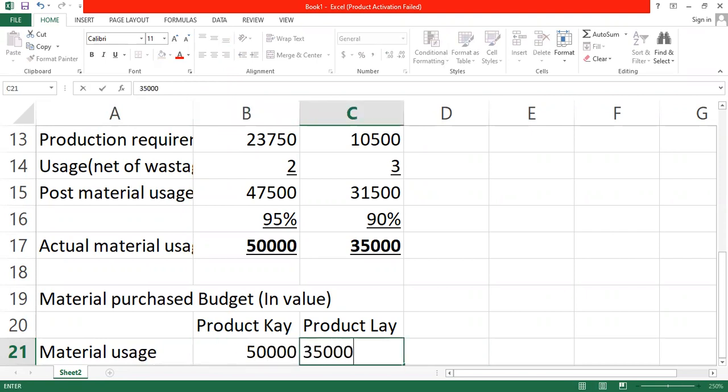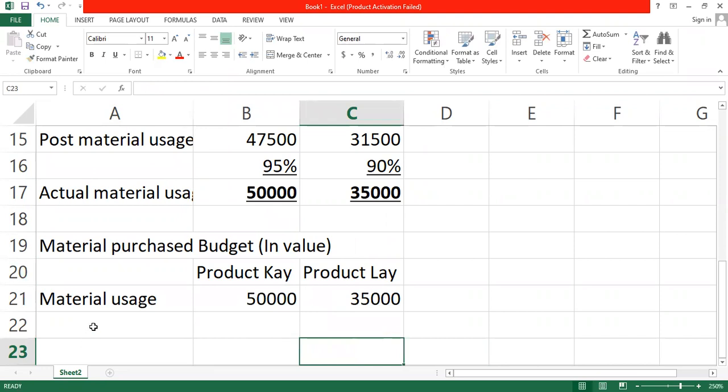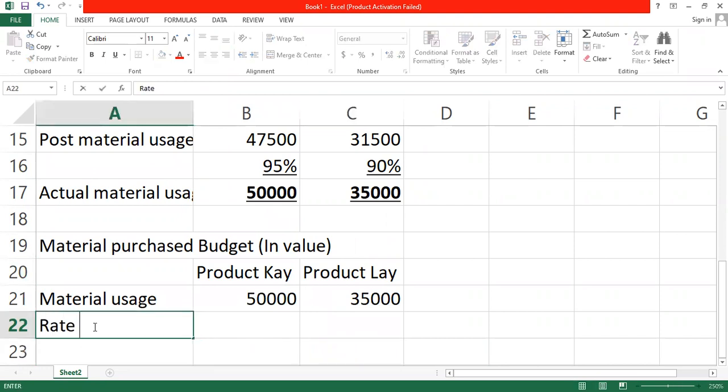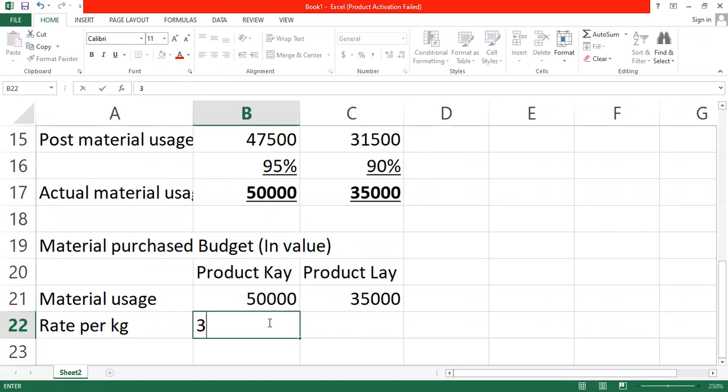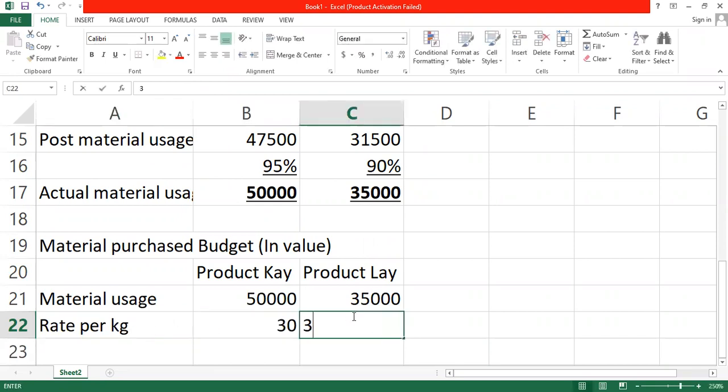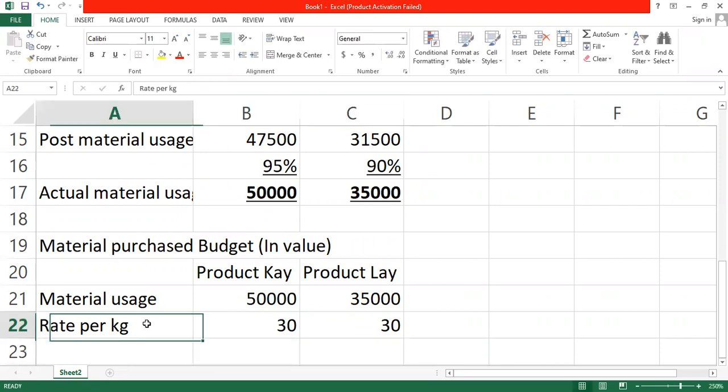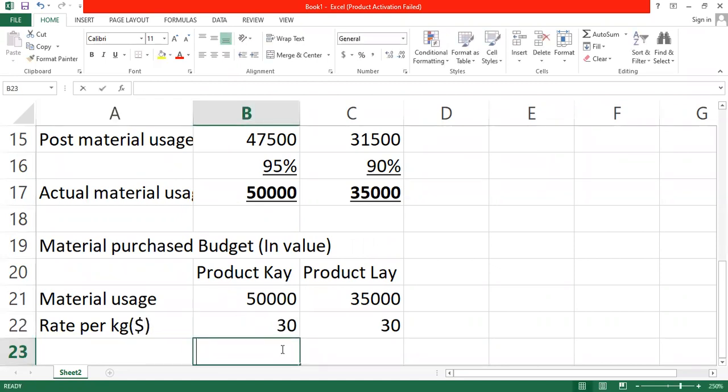So we do the rate per kilogram. This will be 30, and this will also be 30. These are all in dollars. So 1,500,000.